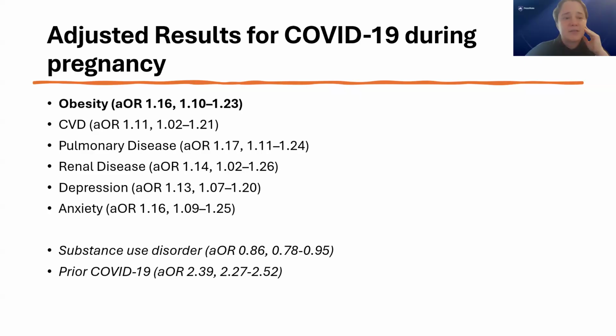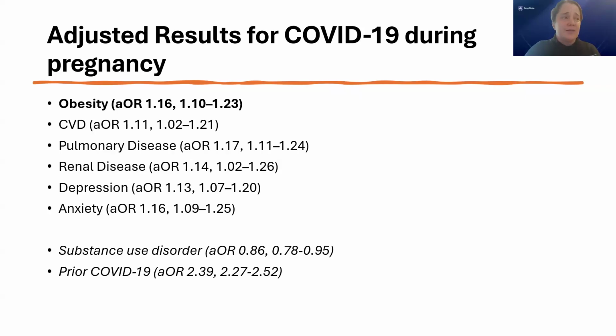So does cardiovascular disease, pulmonary disease, renal disease, and what I find quite interesting are depression and anxiety. So the interpretation, I think, is that these different comorbidities could suppress your immune system, and there could be some important biological mechanisms in place to make someone more vulnerable to infection or disease during pregnancy.